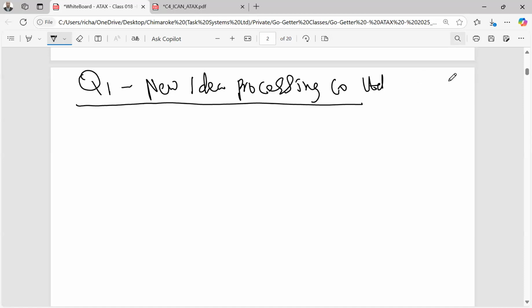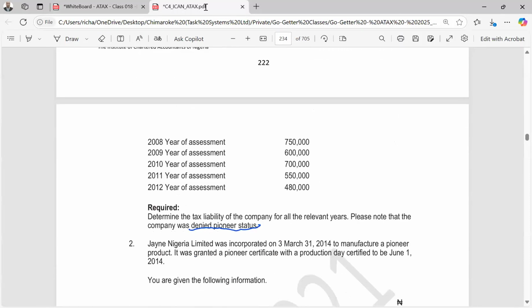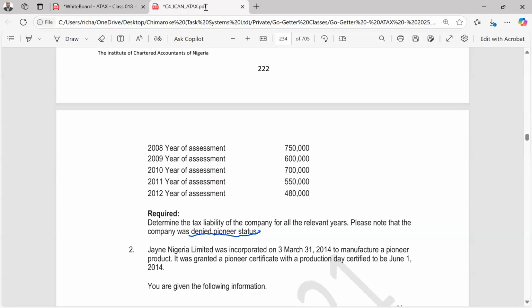Good. So we are asked to look for the tax liability for relevant years.